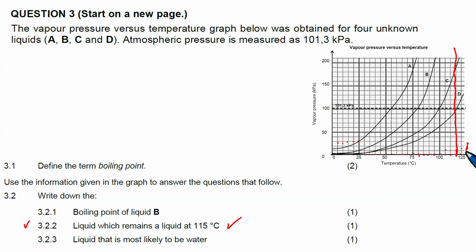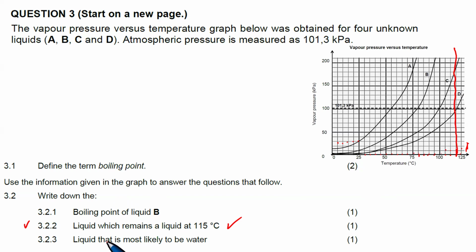There should be 5 there. It was just cut. Okay, it's pretty fine. Right, so with this then, what do you say? There is a liquid which remains a liquid at 115 degrees in 3.2.2.